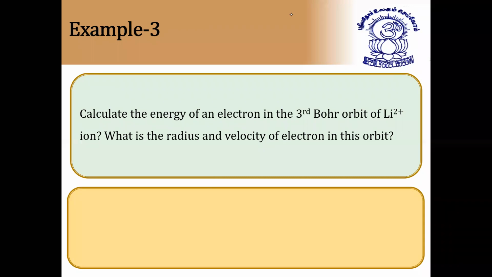En is equal to minus 13.6 into Z square by n square, and n square here is 3 square, third orbit.